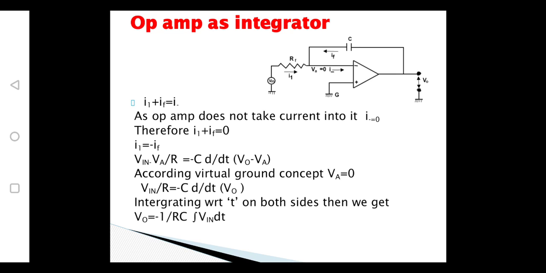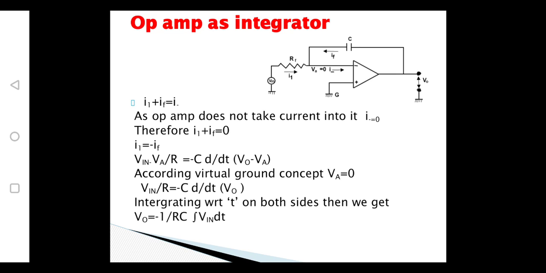The current flowing through the capacitance is written as C into dV by dt, where V is the output voltage minus the voltage at node A. But according to the virtual ground concept, the VA value should be equivalent to 0 because the positive terminal of the op amp is equivalent to 0. If we substitute VA equal to 0, we'll be getting Vin by R equal to minus C dV naught by dt.